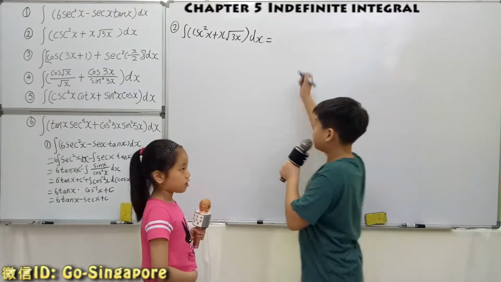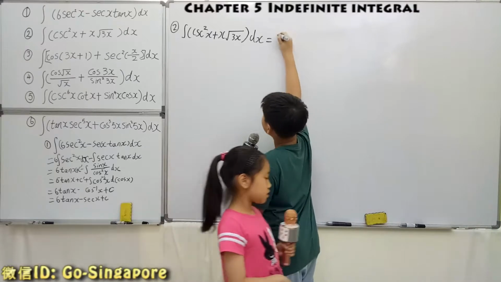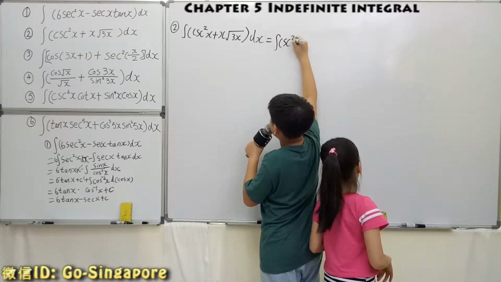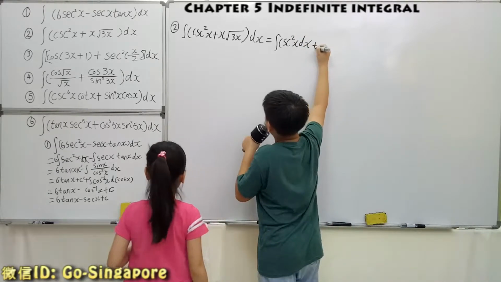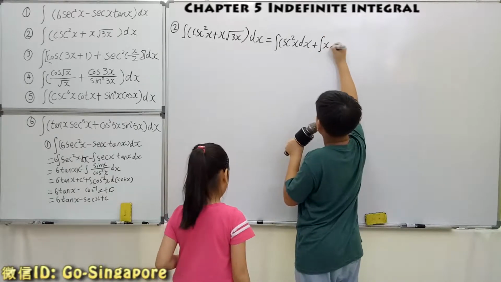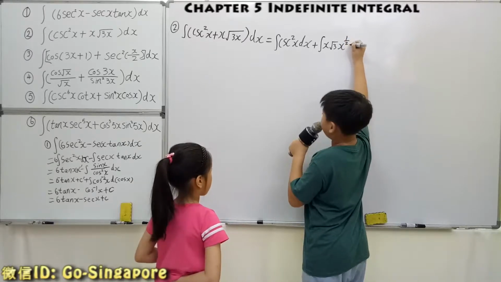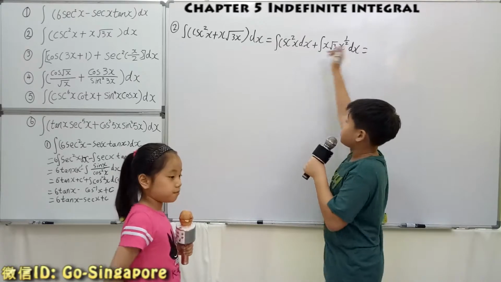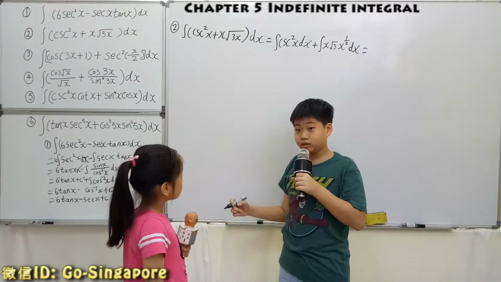So for this, we also separate them, which will become the integral cosecant square x dx plus the integral of this x square root 3, and here's the x to the power of half, and here's another dx, right? Okay.